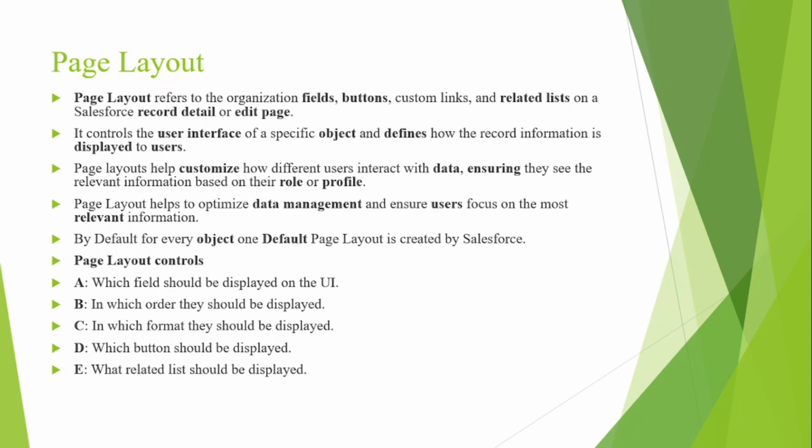As per the settings from the profile, they are able to see the records or they can perform read, edit, delete for that particular object. So according to that, page layout is also going to display the relevant information for that particular user.